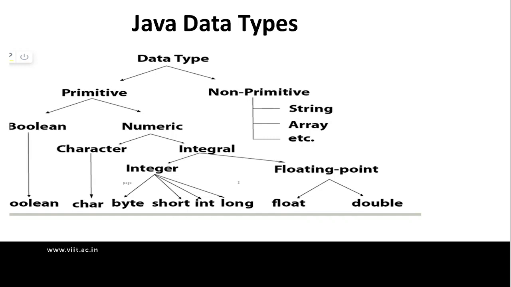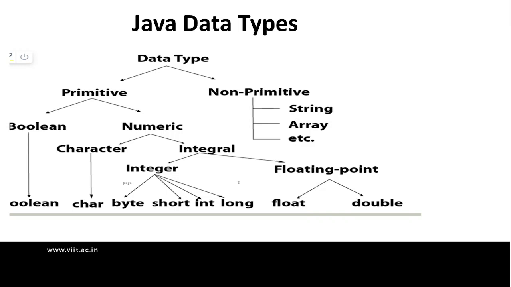In primitive, booleans and numeric are there. In boolean, only boolean is the type. In numeric, character and integral are two types. In integral, floating and integer. In floating, float and double are the two data types. In integer, there are byte, short, int, long.